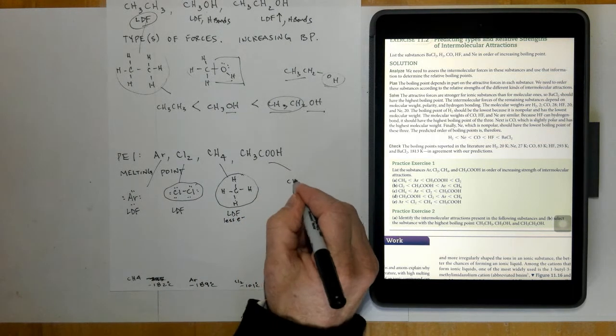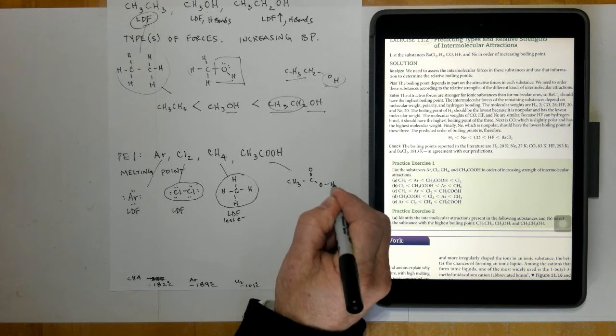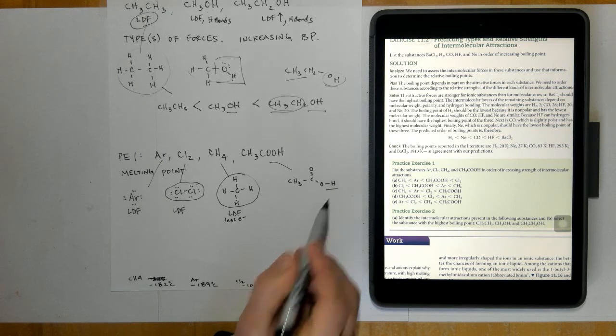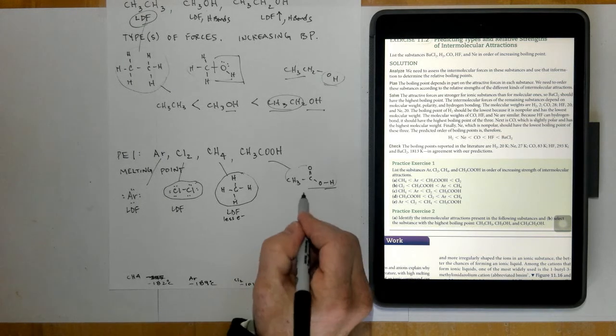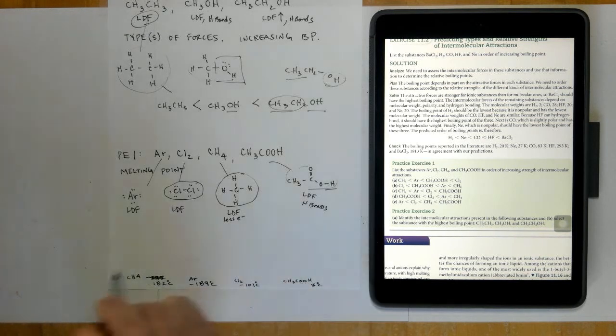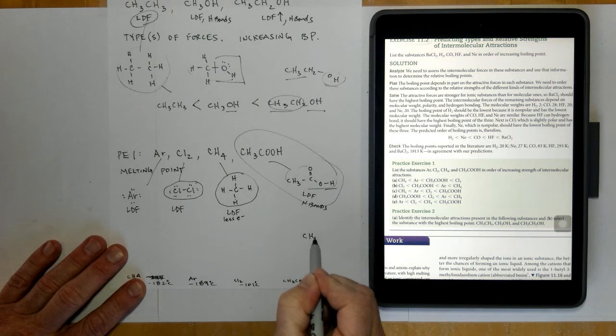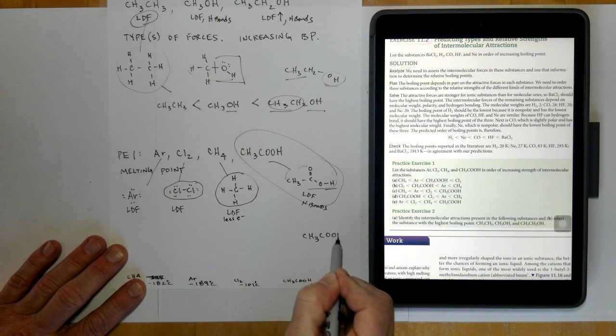CH3COOH, oh my gosh, that's a huge molecule, right? And then we've got this C double bond O, OH like this. We've got hydrogen bonding in this one, and we've got a big molecule right here. So we got LDFs, we got H bonds. Okay, I already know which one's going to be the highest, and that's this guy right here, the biggest. So let's put him way over here at this side, CH3COOH.